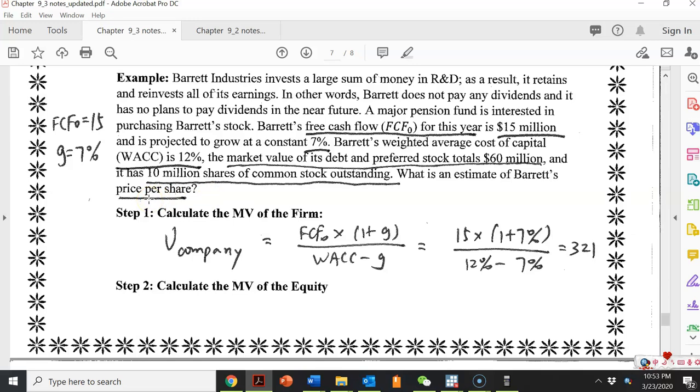You can resume the video once you finish, and we can discuss the solution together. If you have finished working on this second example question, let's look at the solution. If you need more time, you can again pause the video now and resume it after you finish.